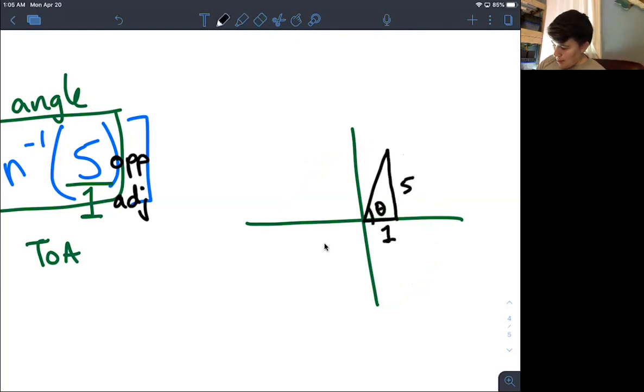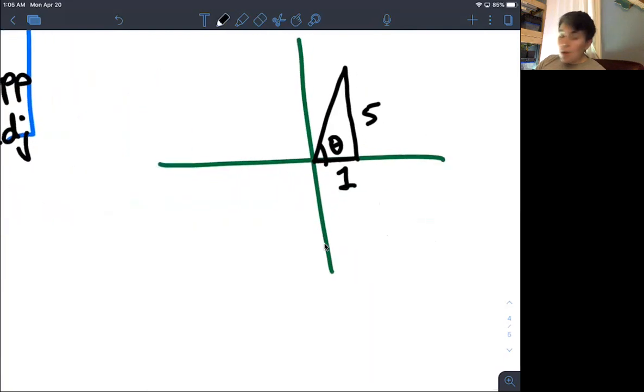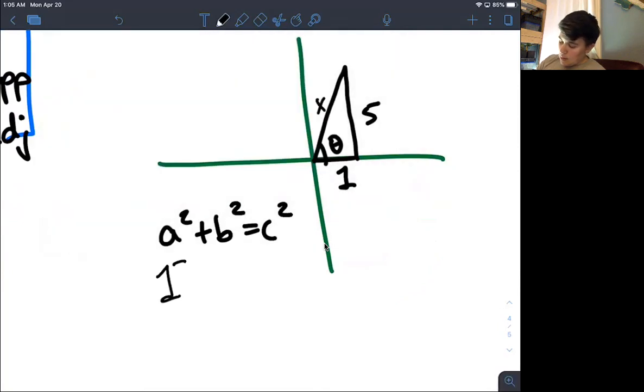Here's my angle theta. I'm going to use the Pythagorean theorem because that's not a Pythagorean triple, to figure out what that little side is right there. So for the moment, I'm going to call that x. So I'm going to say 1 squared plus 5 squared equals x squared.